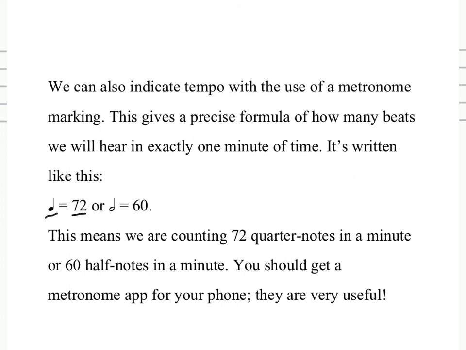The other one says that the unit we're counting is the half note, and in 1 minute, we'll hear 60 of those. That one's a little easier to conceive even without a metronome, because if there is 60 per minute, there's 1 per second. So if you think of the seconds ticking away, and each of those are beats that last as long as a half note, you'll get the idea there.